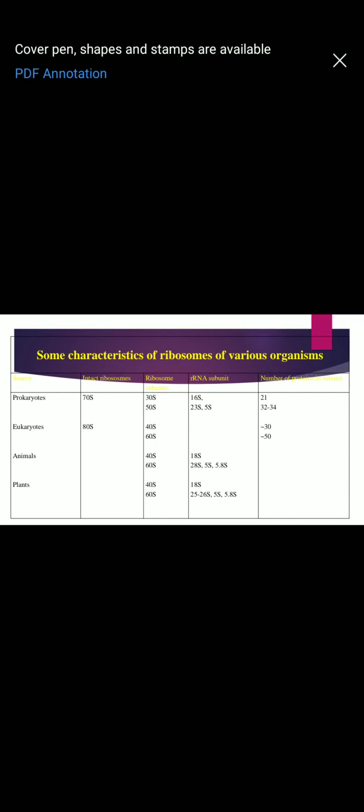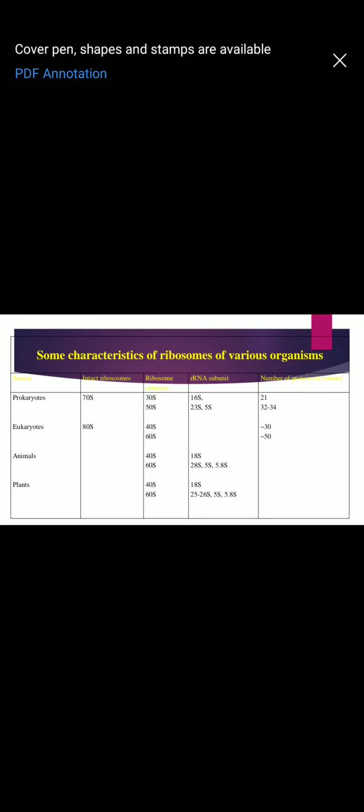The smaller subunit of the prokaryote is composed of 16S ribosomal RNA, and the 50S ribosomal subunit has 23S and 5S. If we talk about the number of proteins, the smaller subunit has 21, otherwise its total is 53.